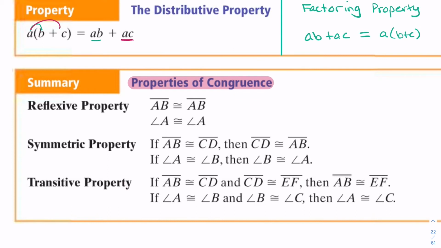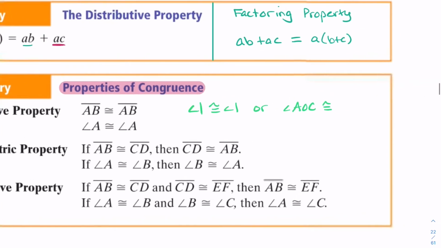So here you have, for instance, line segment AB is congruent to line segment AB, or angle A is congruent to angle A, or angle 1 is congruent to angle 1, or how about angle AOC is congruent to angle AOC?